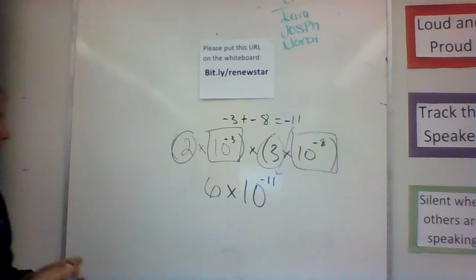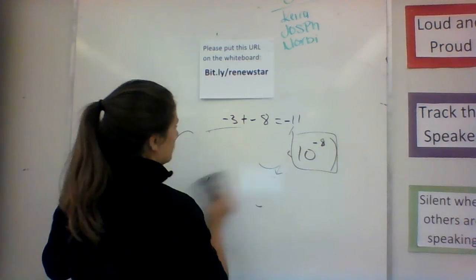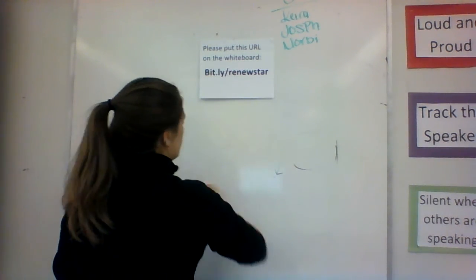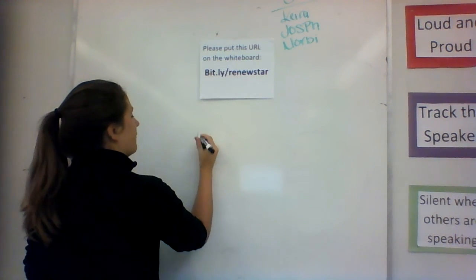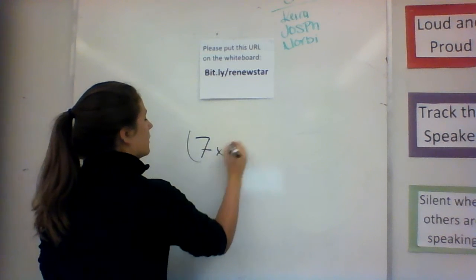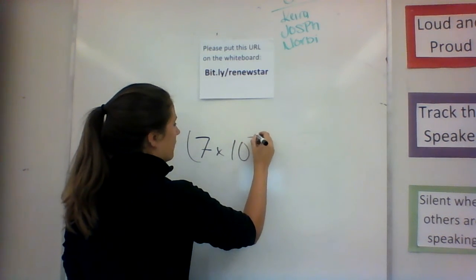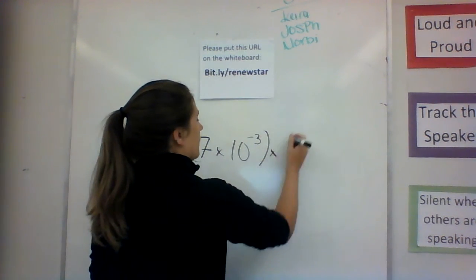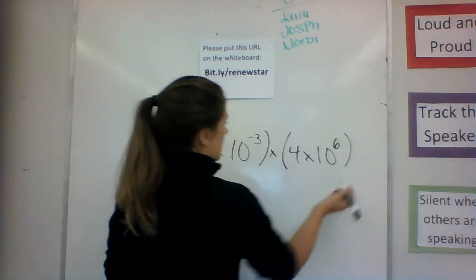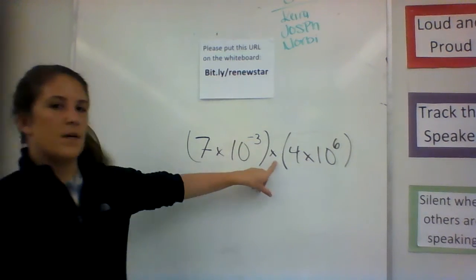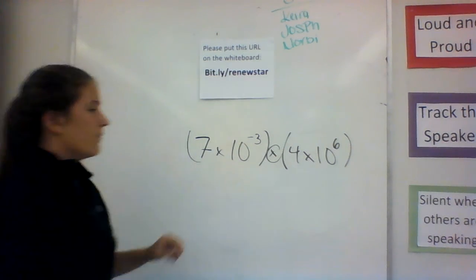Let's do one more example of multiplying. Let's do 7 times 10 to the negative 3rd power times 4 times 10 to the 6th power. Again, I'm multiplying these two expressions. It's shown right here.